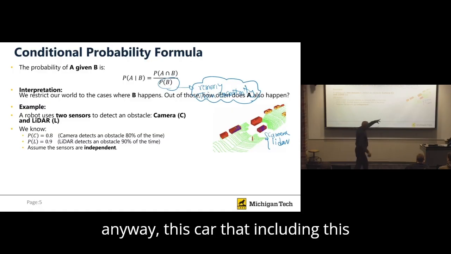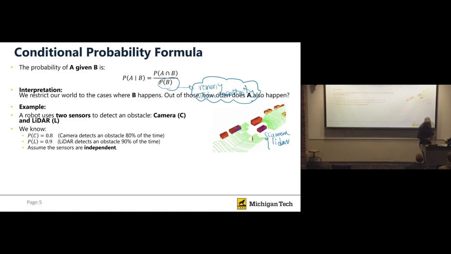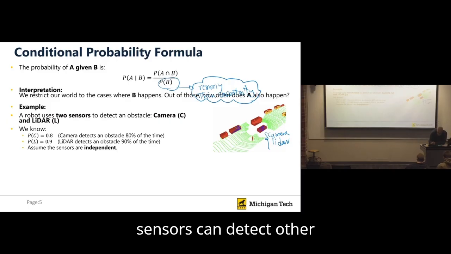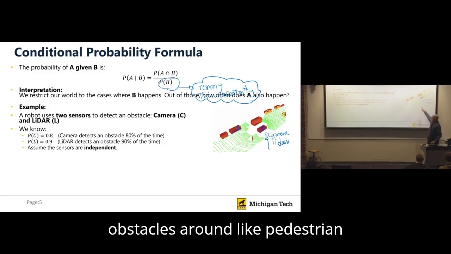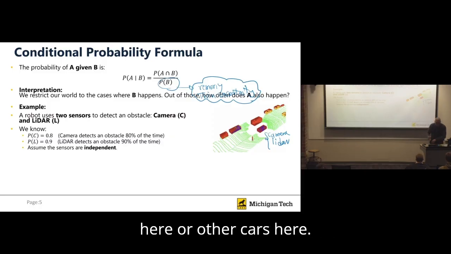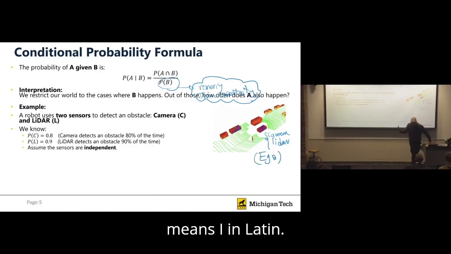But anyway, this car that includes these sensors can detect other obstacles around, like a pedestrian here, or other cars here. This car is also called, what's it called? It's called ego vehicle. Ego means I in Latin.